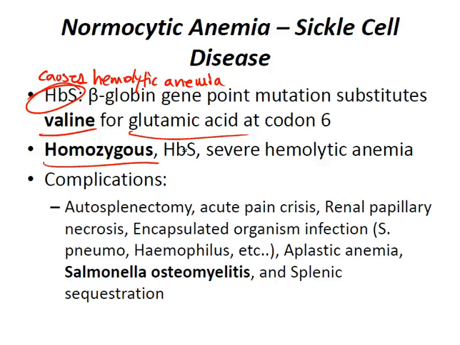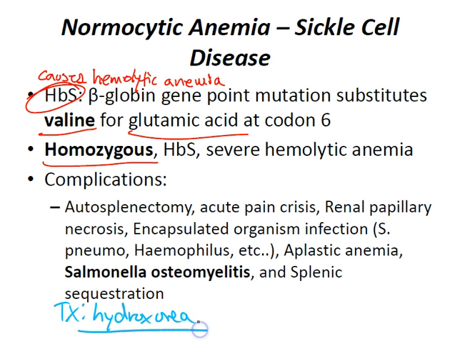So the treatment of sickle cell includes something called hydroxyurea. Hydroxyurea causes an increase in hemoglobin F synthesis, and it's used in severe cases. The sickle cell trait is heterozygous hemoglobin S, and it's largely asymptomatic. Now, you can have something called hemoglobin C disease.